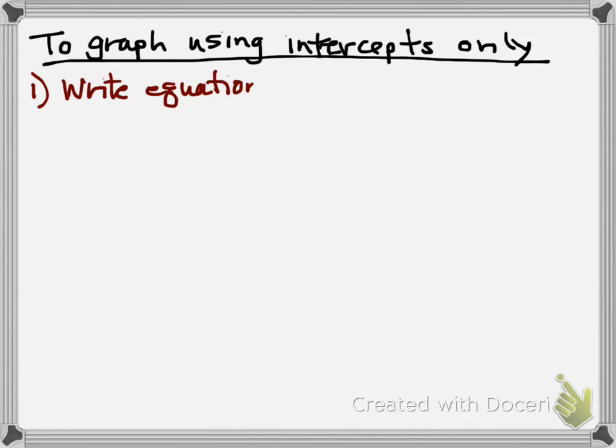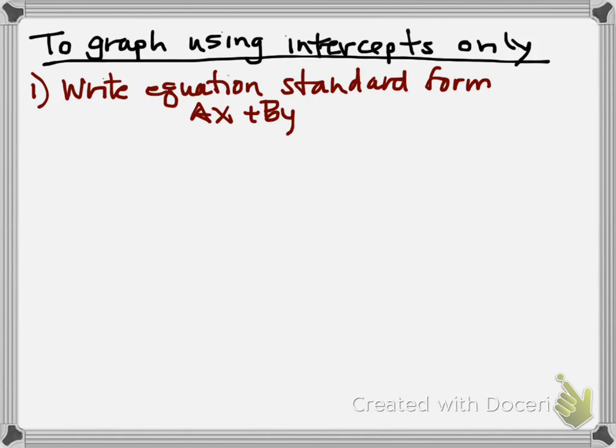in standard form. Now I'm going to tell you all the homework problems you have are already in standard form. So you want it to say ax plus by equals c. This is going to make calculations the easiest. 2.